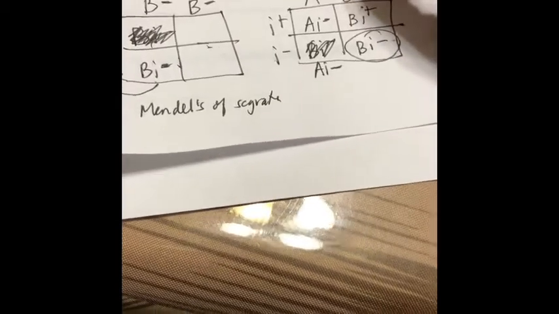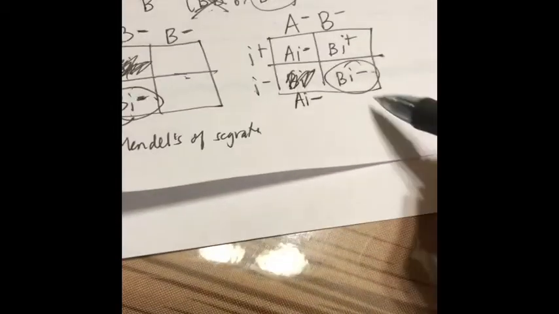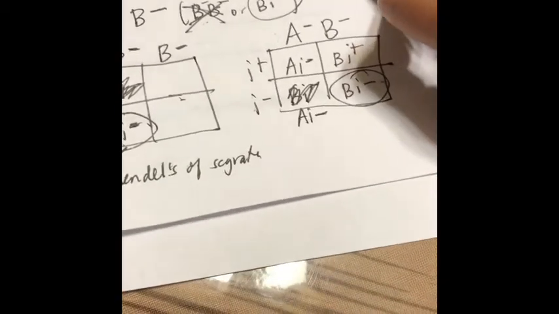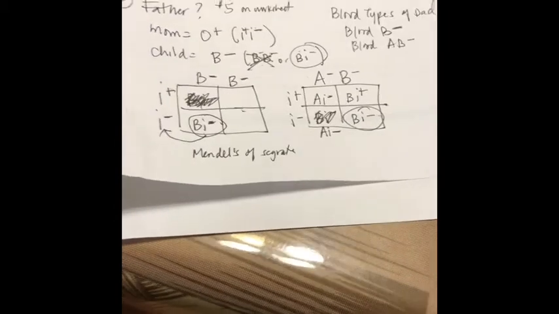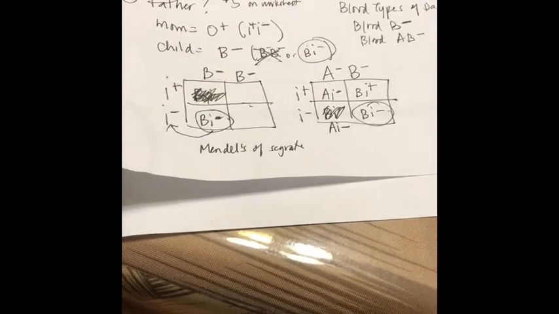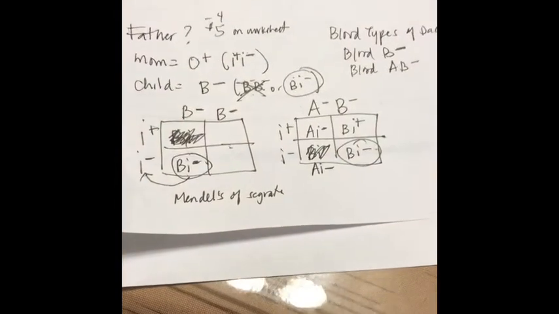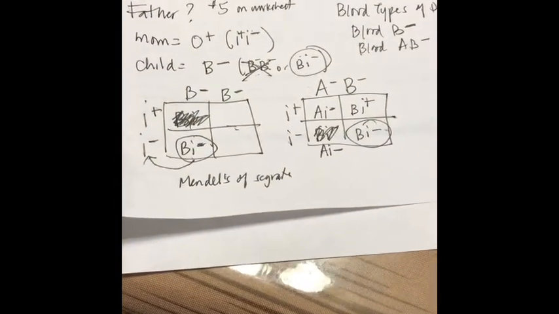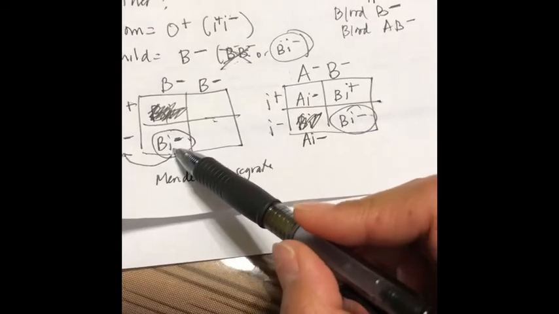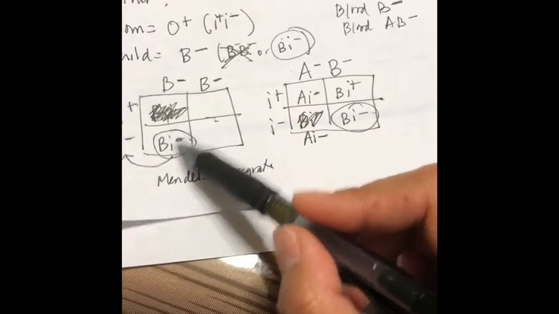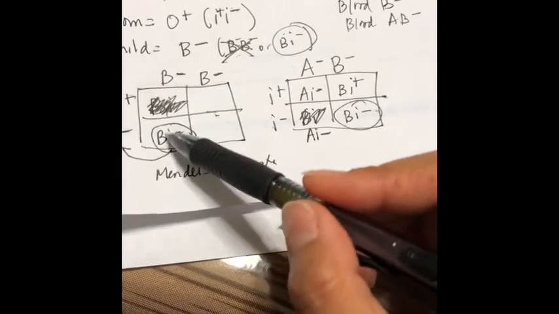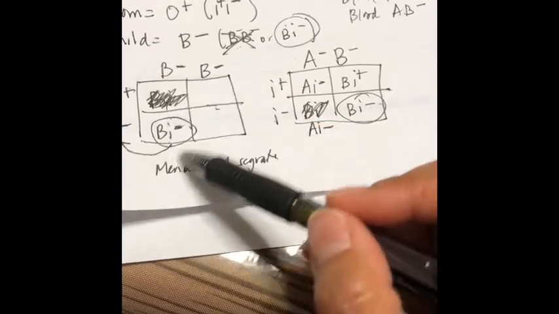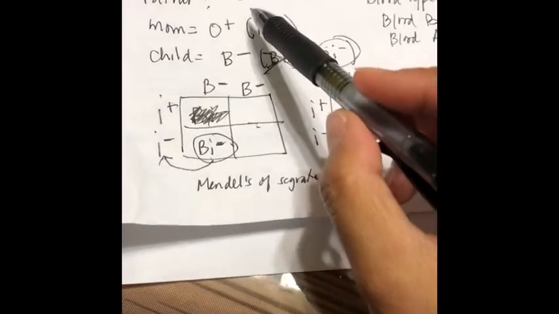He could be blood type B negative, because in order for that to work, the child must match that, and that matches here, and that could also be blood type AB negative. And that's how you do the more difficult Punnett squares, and you can then eliminate suspects, because if the child doesn't match the blood type of the Punnett square, that means that's not the correct dad. Okay, and that constitutes number 5.